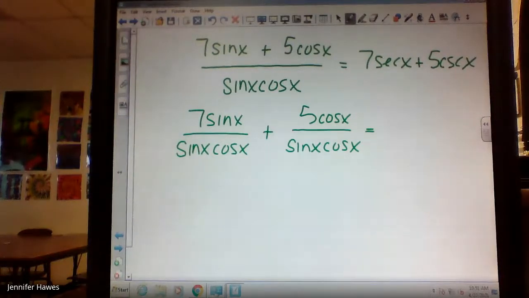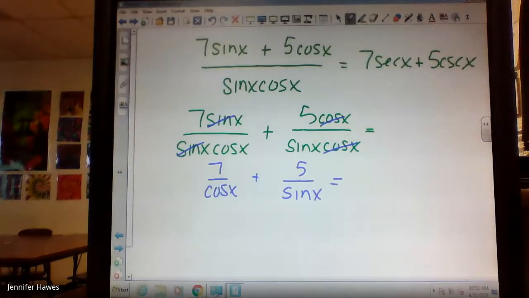And then what happens in this first one? The sin x gets eliminated. What happens in the second one? It's just 5 over sin x.